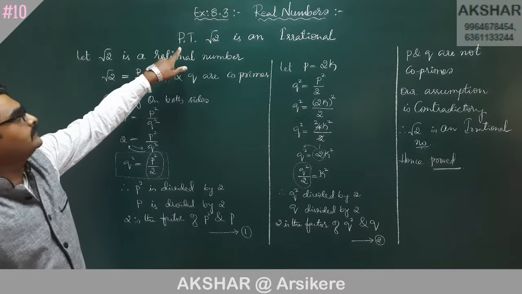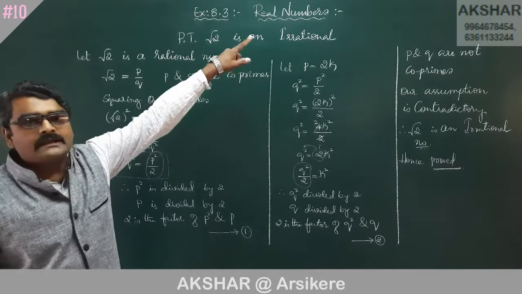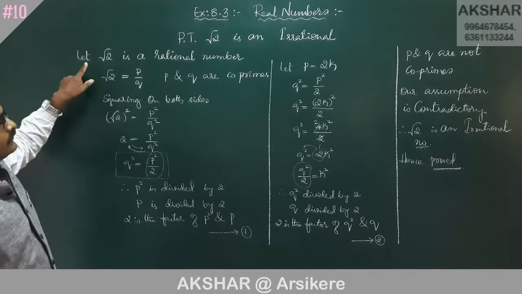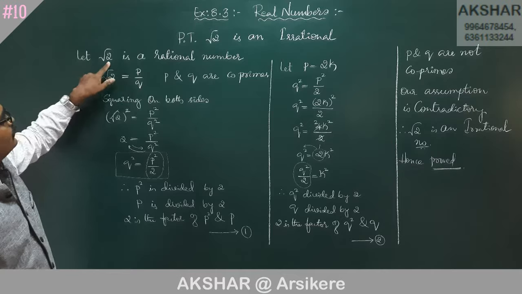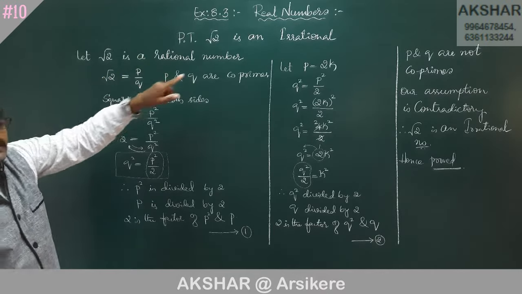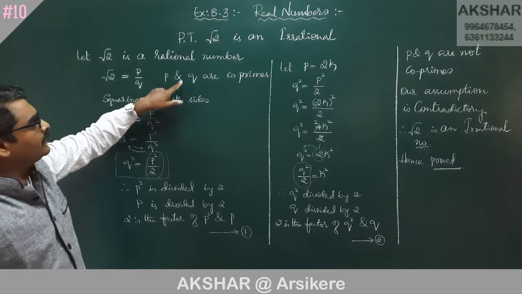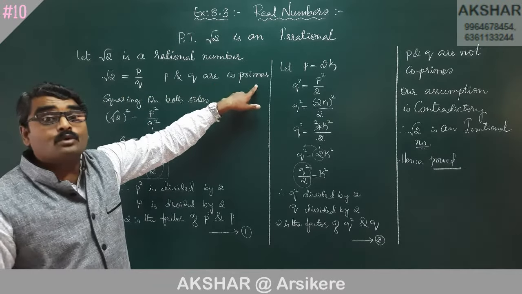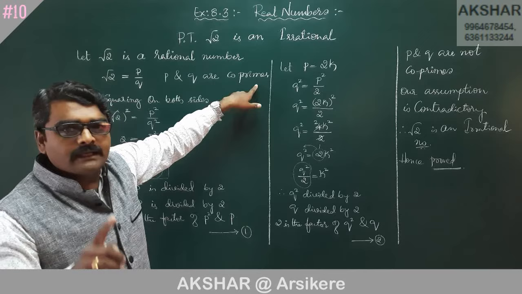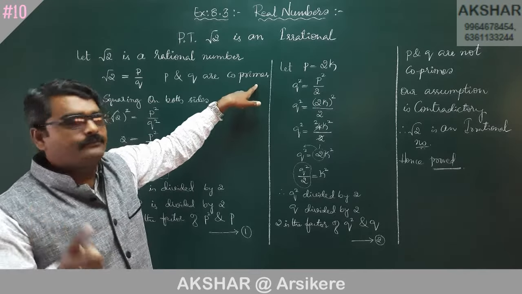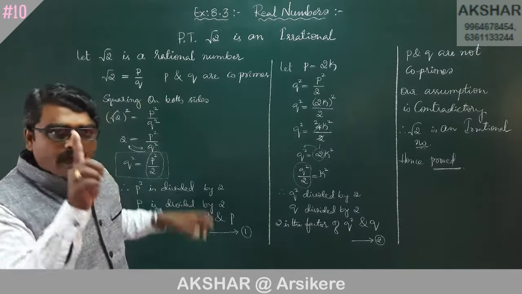What they have given? Prove that root 2 is an irrational. We assumed let root 2 is a rational number. If root 2 is equal to P by Q, then P and Q are co-primes. Co-primes means the HCF of P and Q is 1.